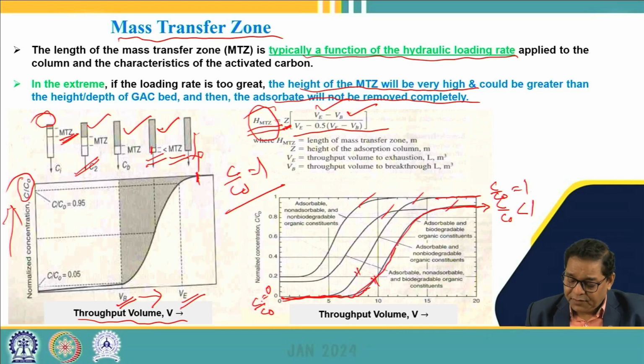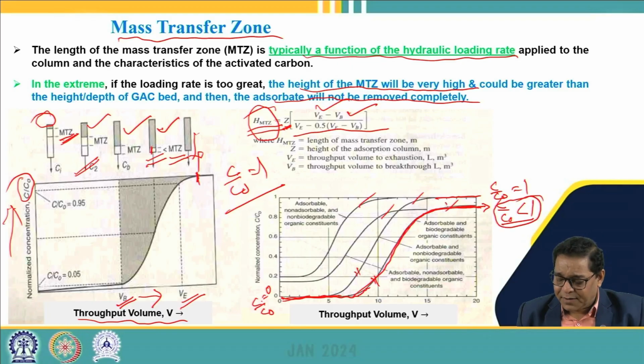If C by C0 is less than 1, what does it mean? It means the adsorbate concentration is not coming out even after the exhaustion of the bed. It means something is being degraded within the adsorption column. So this type of curve indicates that the adsorbate is also biodegradable or degradable. Within the column, some of the adsorbate is being degraded.